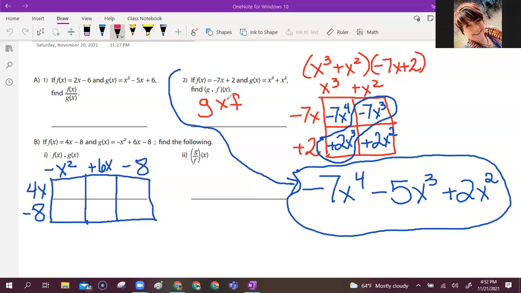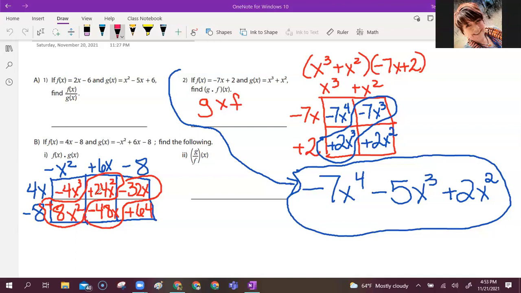Okay, so I've got my box ready. You multiply to fill in. Okay, I do have my diagonals here that are my like terms. I'm going to go ahead and circle them.